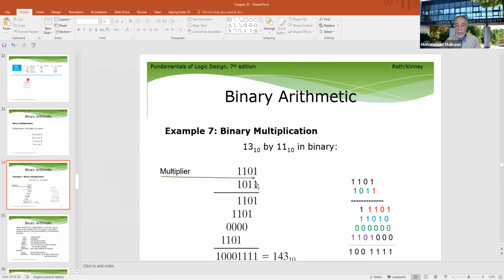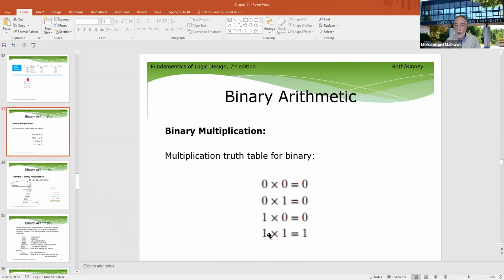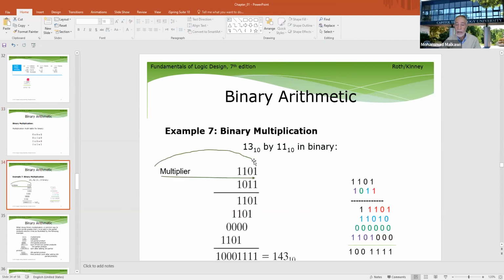The first bit, I multiply by the multiplicand, one bit at a time. You multiply these two bits by using the truth table, which is 1 and 1, the result is 1. Then the 1 and the next 0 is a 0. So I have my partial result here. 1 by 1 is a 1, 1 by 1 is a 1. So I have 1101, where the least significant bit is a 1.